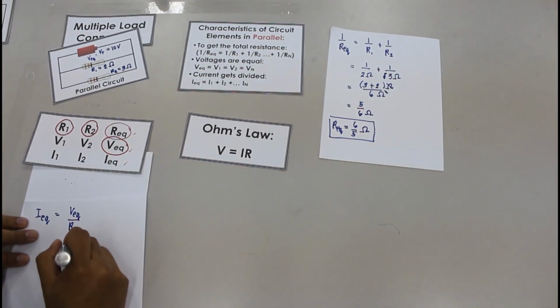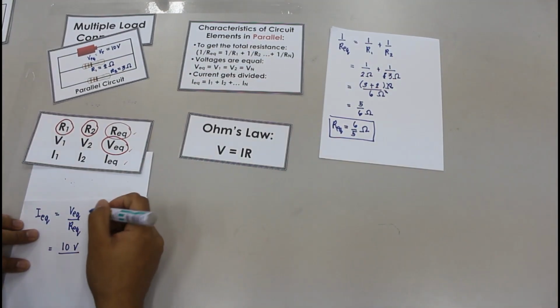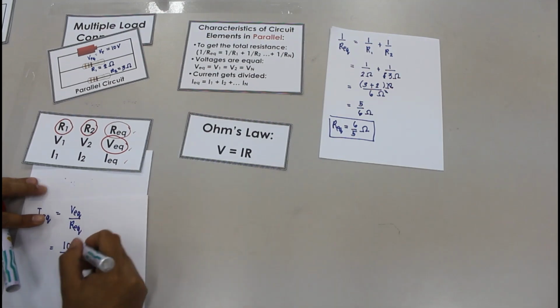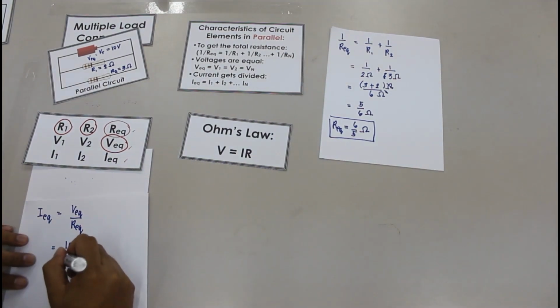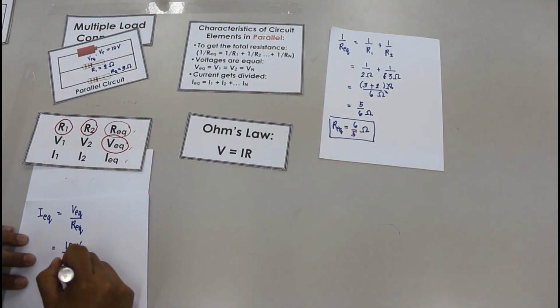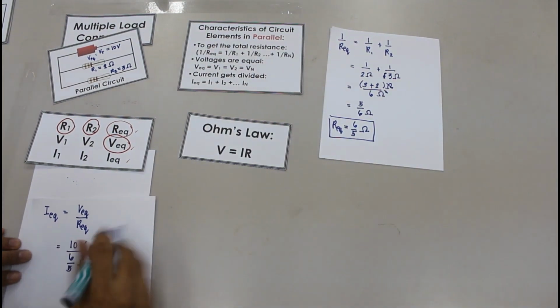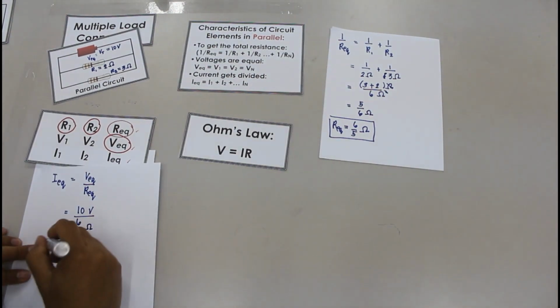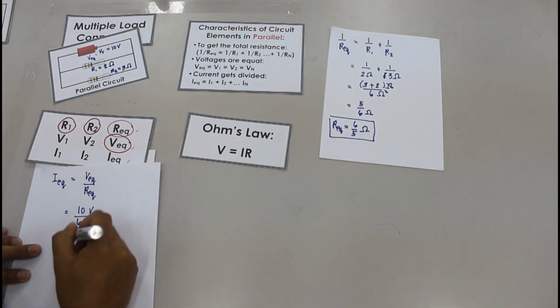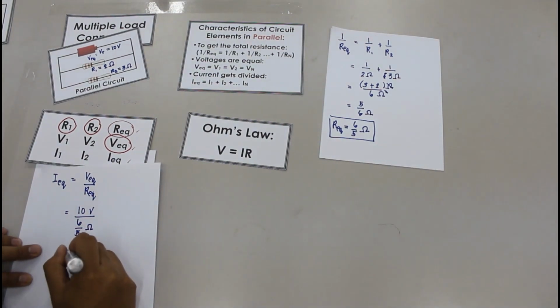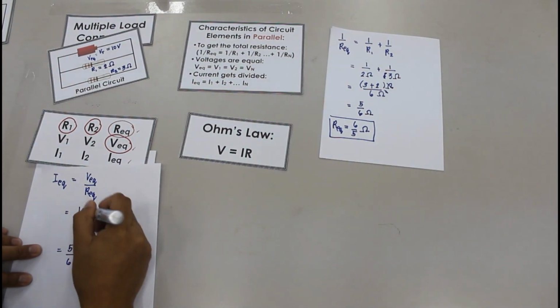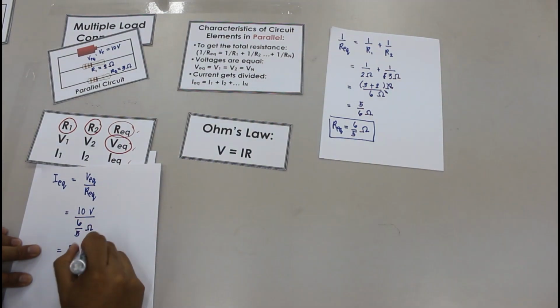Simply substitute 10 volts here, divided by the R equivalent that we were able to calculate, that is 6 over 5 ohms. And from this, we can solve 50 over 6 volt over ohm is ampere.